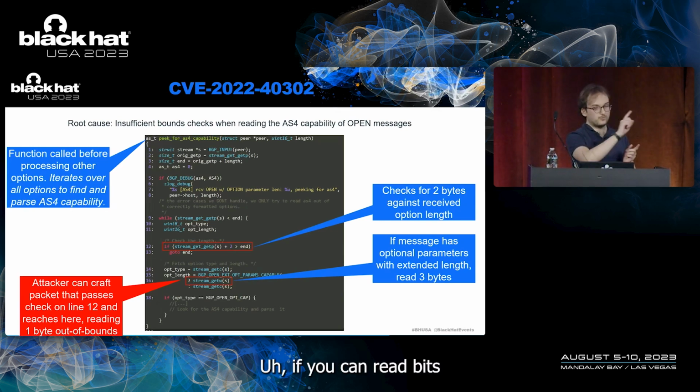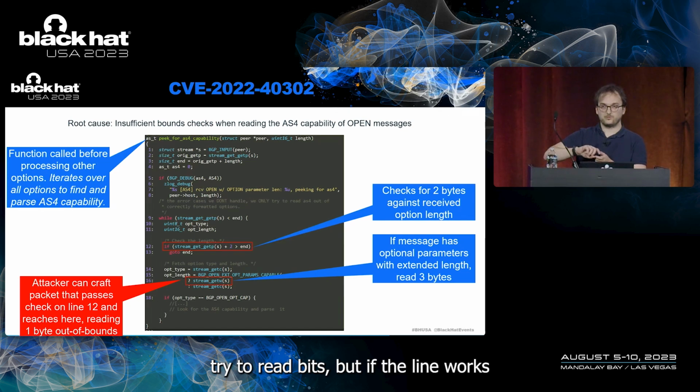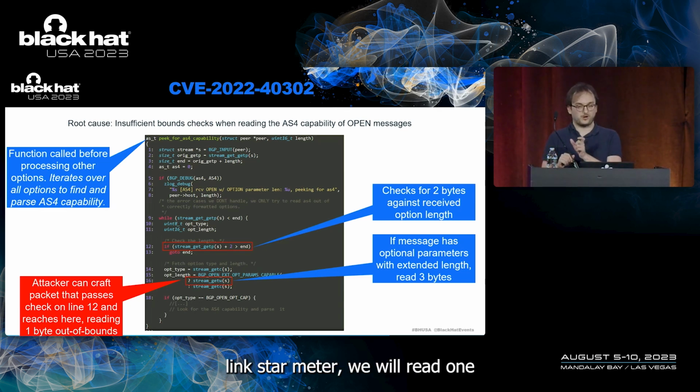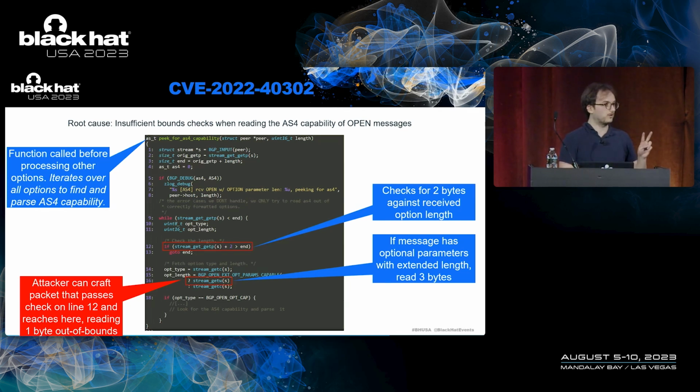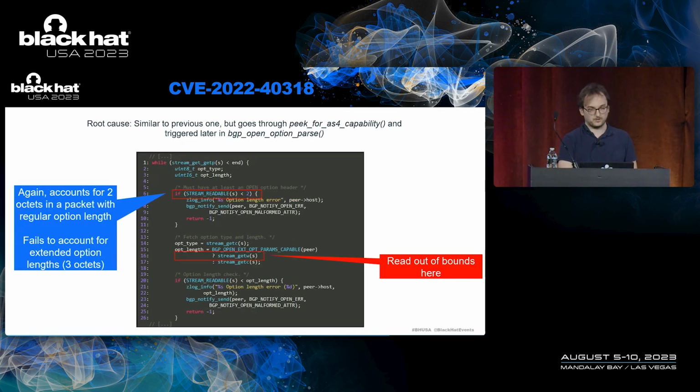But after that there is a line that tries to read 2 more bytes, and if there is actually an extended length parameter, we will read 1 byte more, but we only checked before if we could read 2 bytes, not 3. So it's another issue where we read beyond the packet.